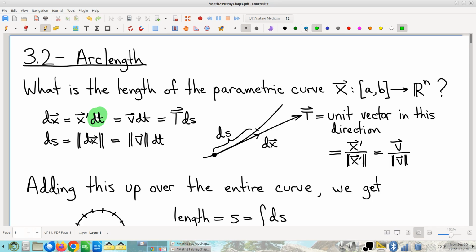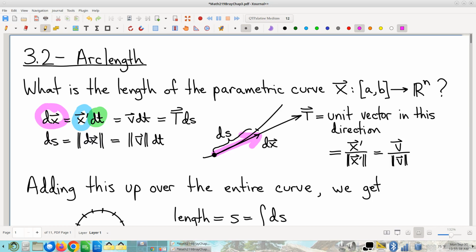And we can talk about what the velocity is of the parametric curve, at least at that starting point. If you know the velocity and you know that you're going to be going with that velocity, approximately, for some amount of time dt, the product gives you what I'm going to call dx. You could call it by various different names.